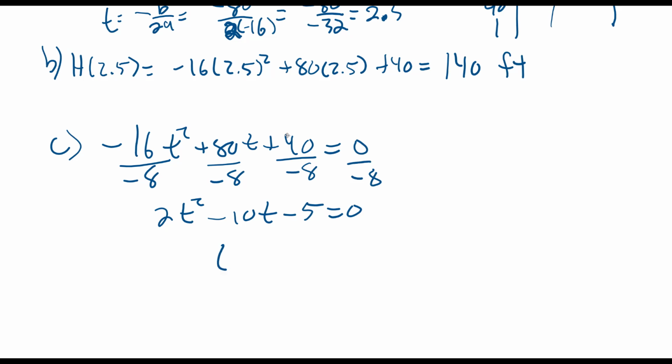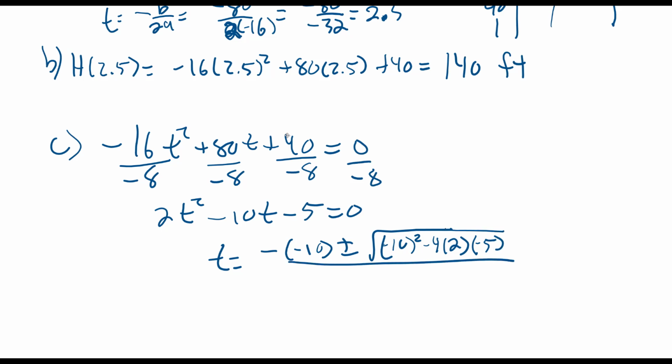So t equals negative of negative 10 plus or minus the square root of negative 10 squared minus, by the way, that negative in the negative 10 squared gets squared out, minus 4 times 2 times negative 5, all over 2 times 2.